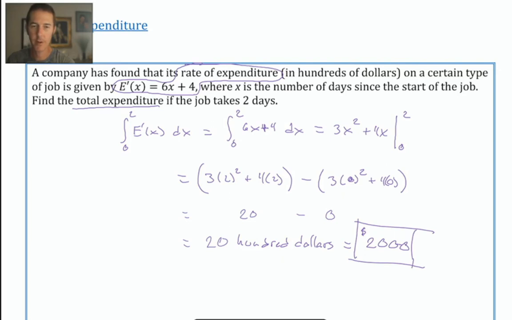Here we were given a rate function and we needed to find, and then you could put, for example, if given rate of expenditure equals E prime of x equals 6x plus 4, then total expenditure for 2 days equals this. Or if you're not using the specific problem, you could say equals this.